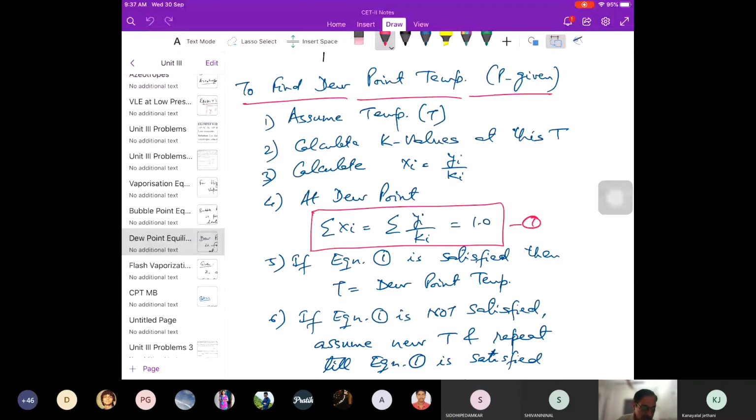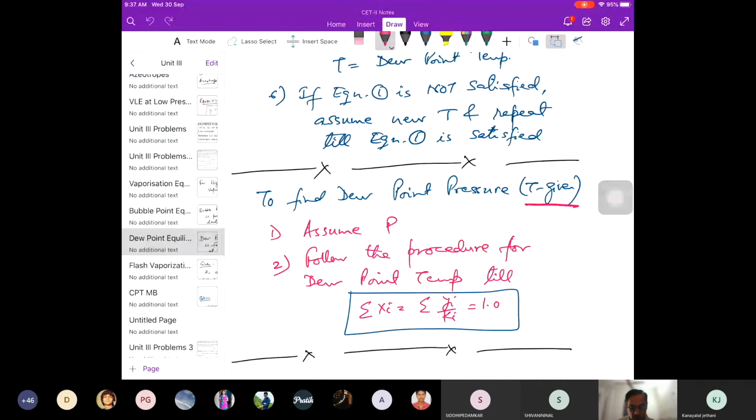लेट्स सी, विल डू कैलकुलेशन एंड देन विल चेक. ओके. और सेम थिंग ड्यू पॉइंट प्रेशर के लिए टेम्परेचर दिया हुआ है. Assume pressure और repeat the calculation similarly. ठीक है.